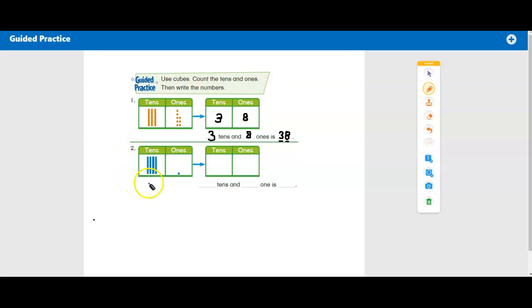In number 2, there are 1, 2, 3, 4 tens and 1 one. 4 tens and 1 one is 41. There is a 1 in the ones place and a 4 in the tens place.